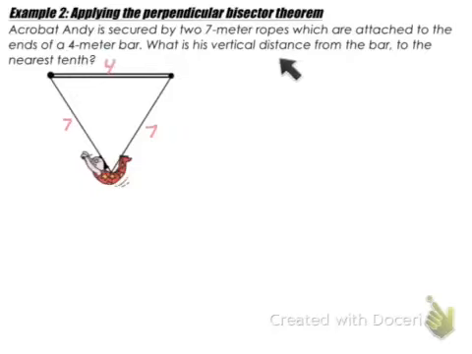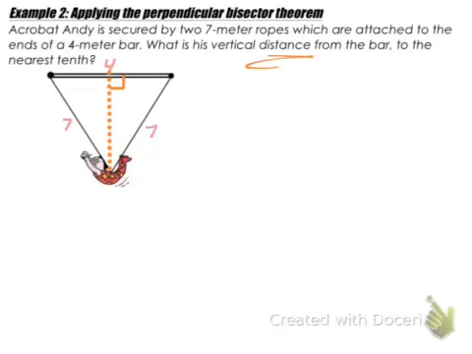What is his vertical distance from the bar? If we are trying to measure the distance from Andy to the actual point of intersection, that segment has to be perpendicular to that bar. That's important information. So how do you find the length of him to the bar?